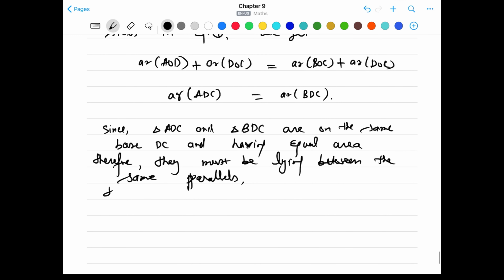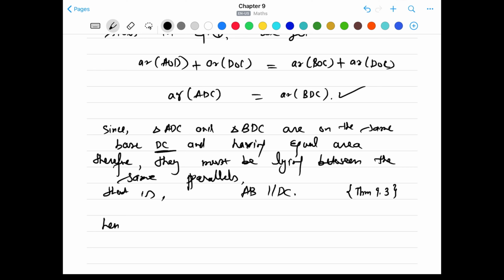That is, AB is parallel to DC, and this is by the theorem 9.3, which says if two triangles have equal area and are on the same base, then they must be between the same parallels. So we have two triangles having equal area and the same base, which is DC, so they must be lying between the same parallels, that is AB is parallel to DC.